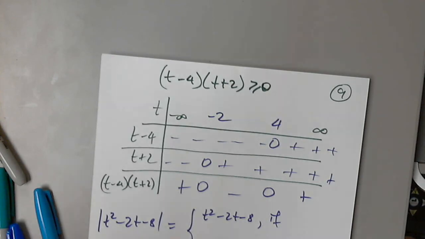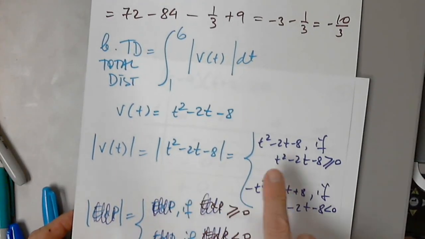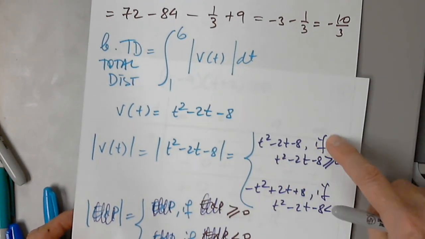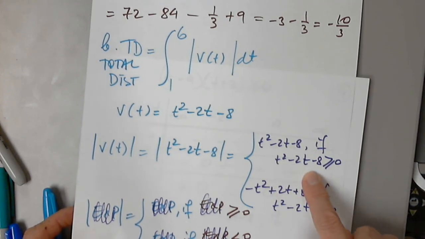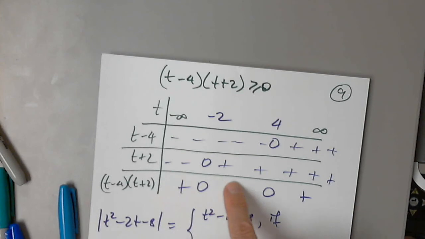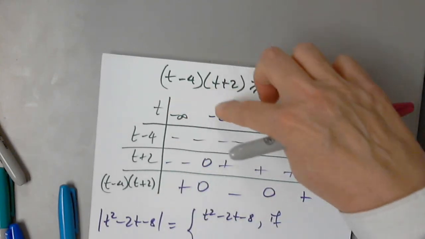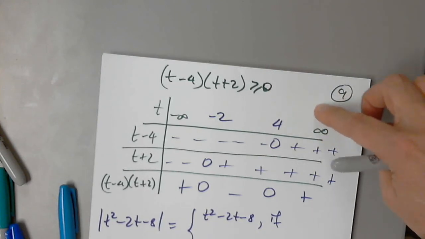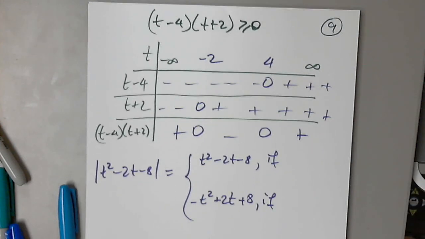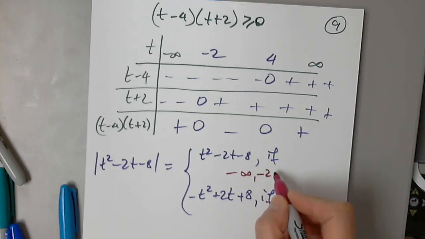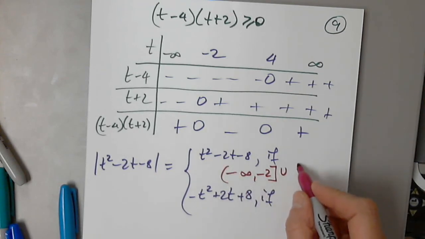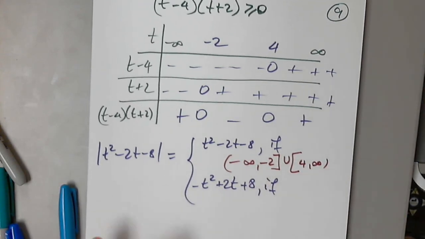Let's go back. This is this if this quantity is positive. Where is this quantity positive? Negative. Exactly. Here. Union. There. Yes. So I have to write negative infinity, negative 2 with a bracket, union bracket 4 to infinity.